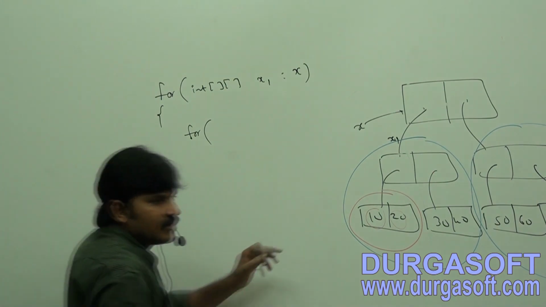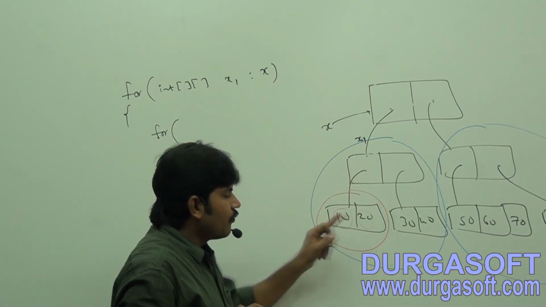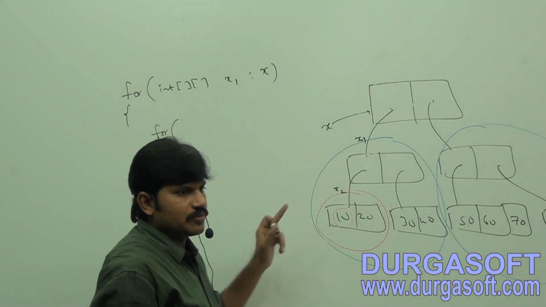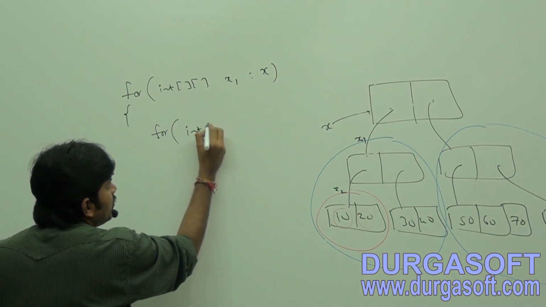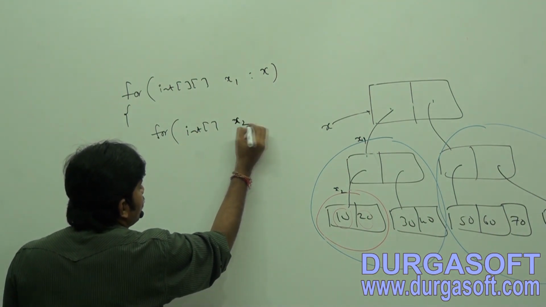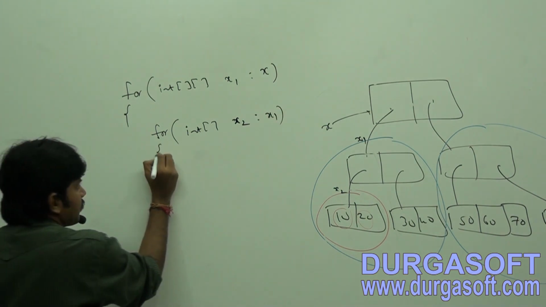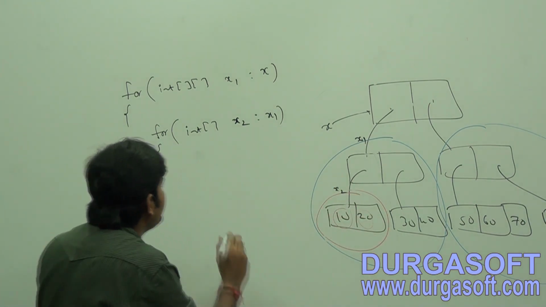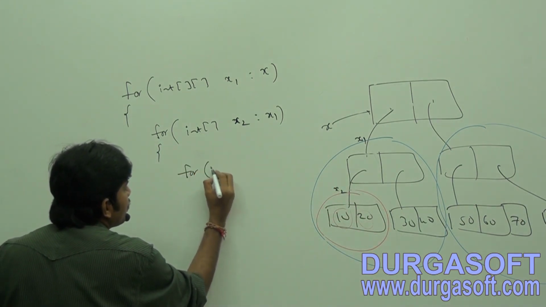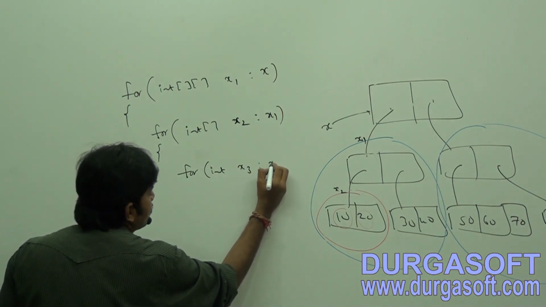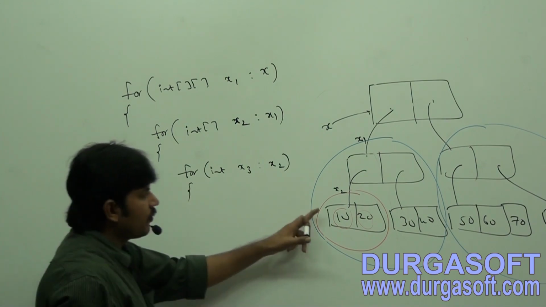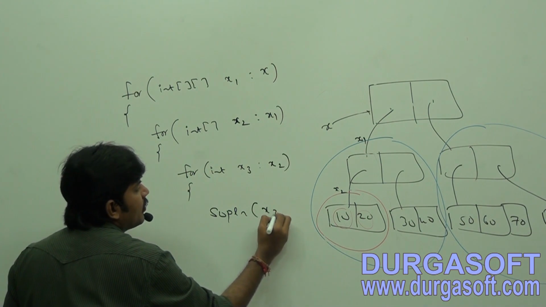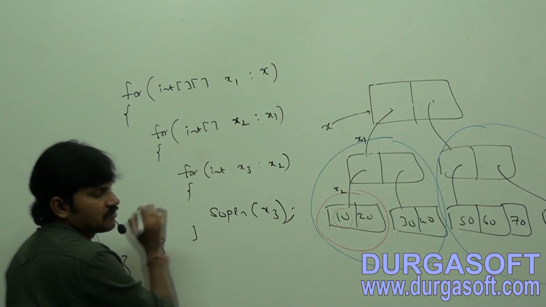In this x1, for each one-dimensional array x2 in x1. Next, in this x2, for each int value x3 in x2, System.out.println of x3. That's all.